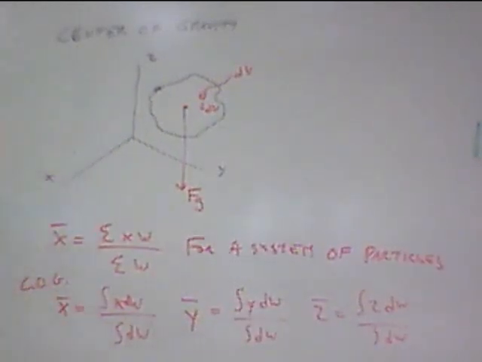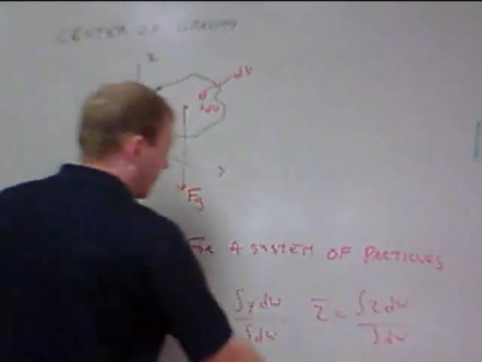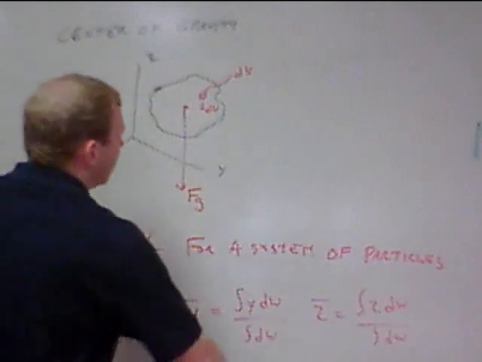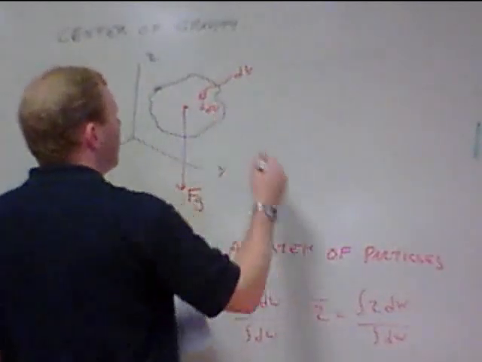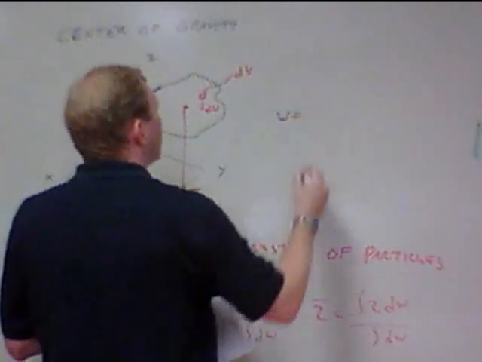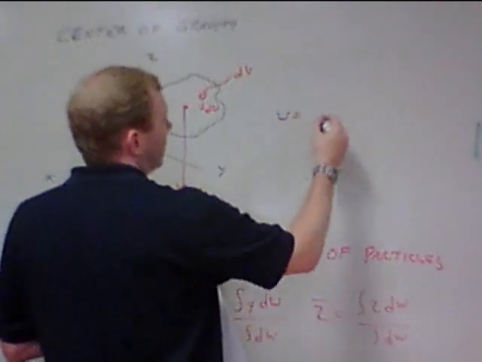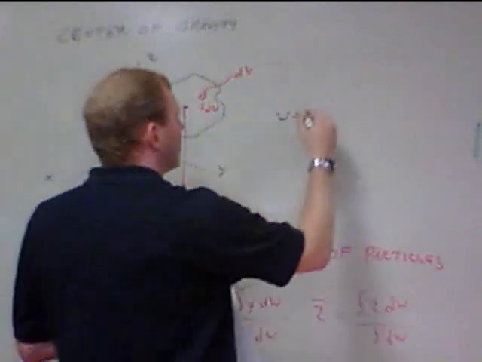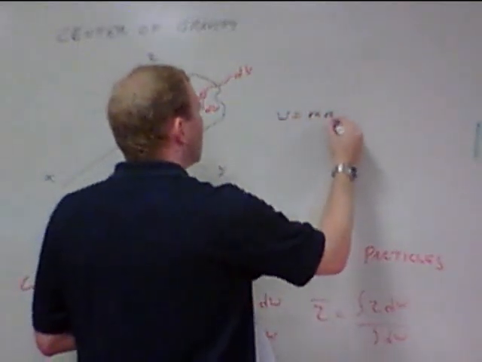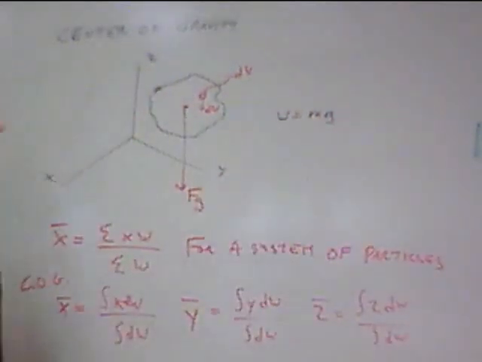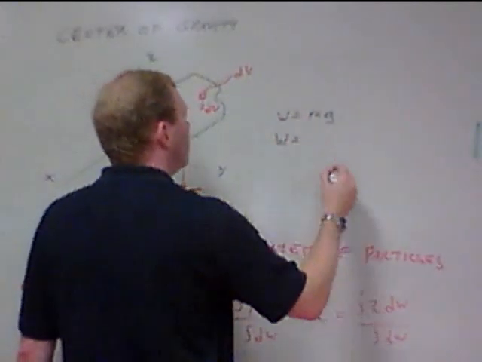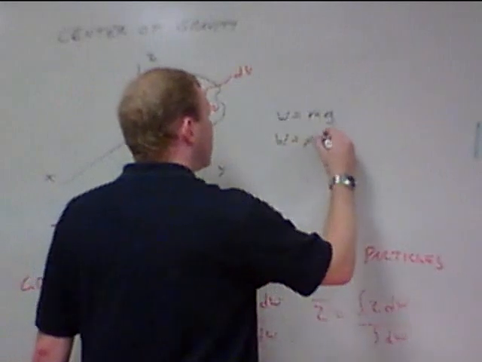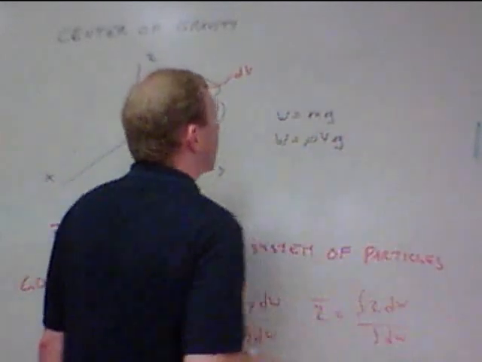But there are some simple things we can do to make this a little easier to work with. In general, weight is simply equal to mass times gravity. Well, we don't want to deal with mass, we want volume, so weight is going to equal density times volume times gravity.